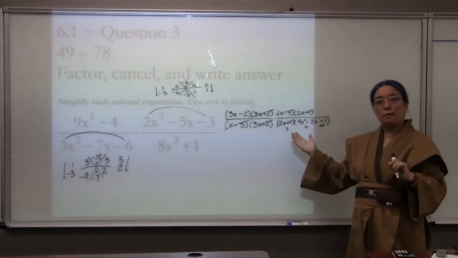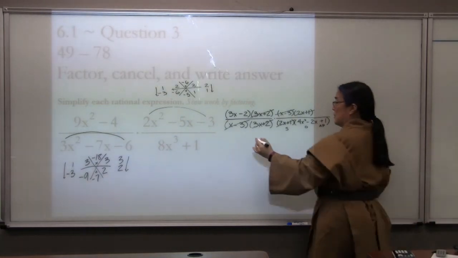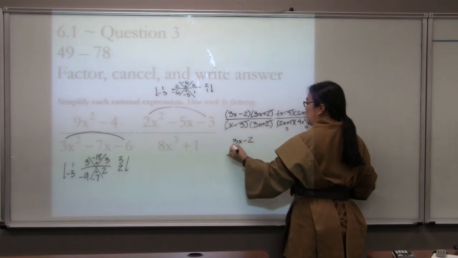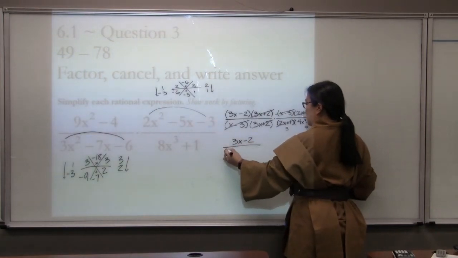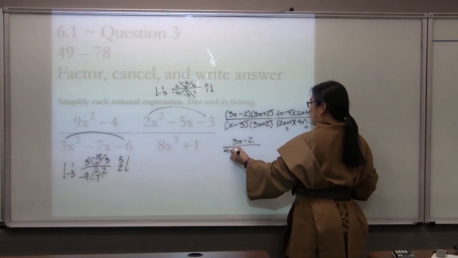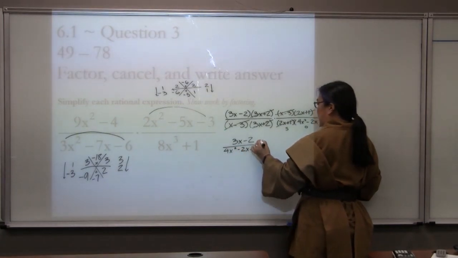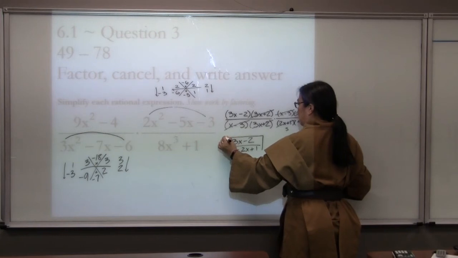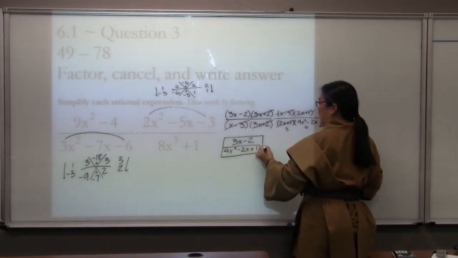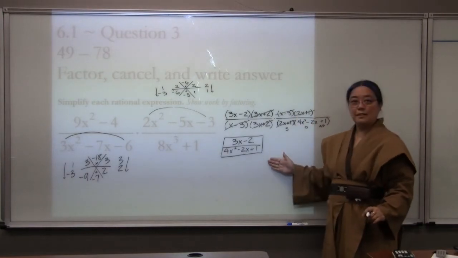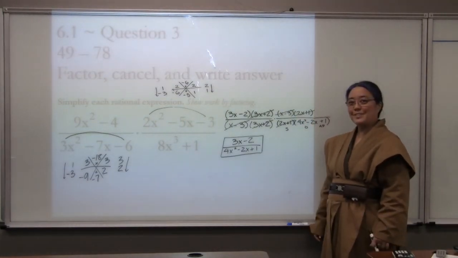There are things that aren't canceled out, so that's part of my answer. Once again, because those are all that are left in the numerator and the denominator, I don't need the parentheses anymore. In the event that everything canceled out, that would give you a 1. But since we have things left, we have that for our answer.